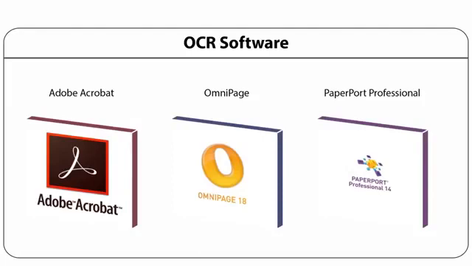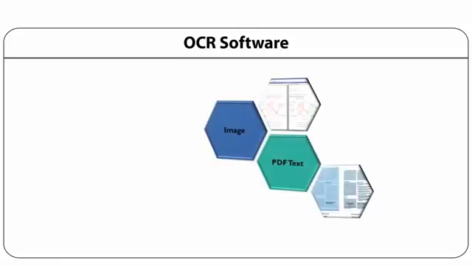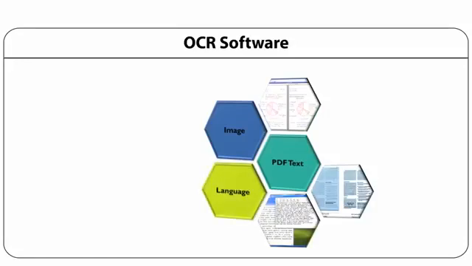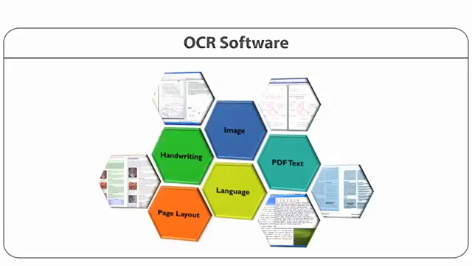Adobe Acrobat is based on PDF format. The remaining two are based on page layout format. There are various types of OCR software: image-based OCR software, PDF text-based OCR software, language-based OCR software, page layout OCR software, and handwritten OCR software.